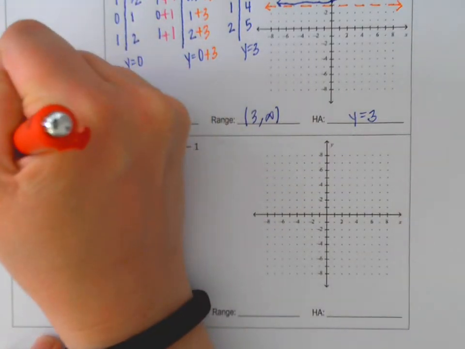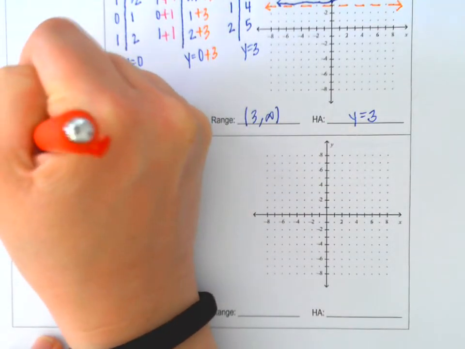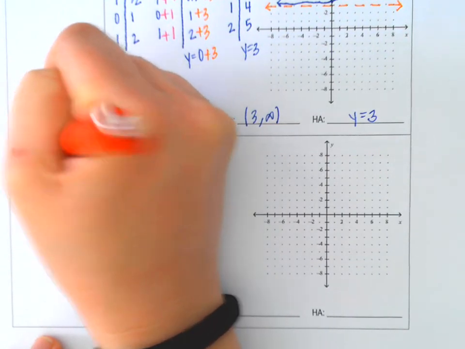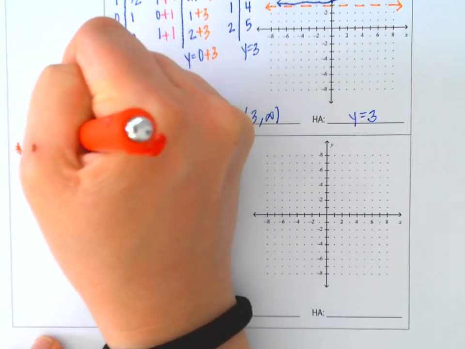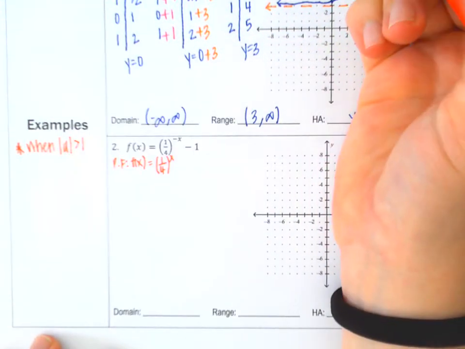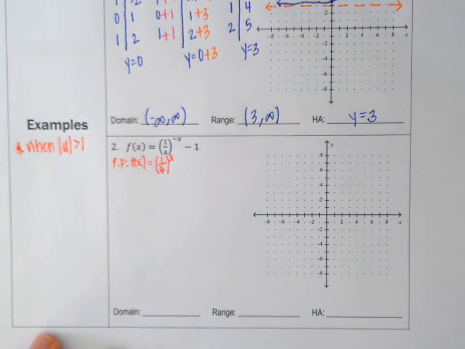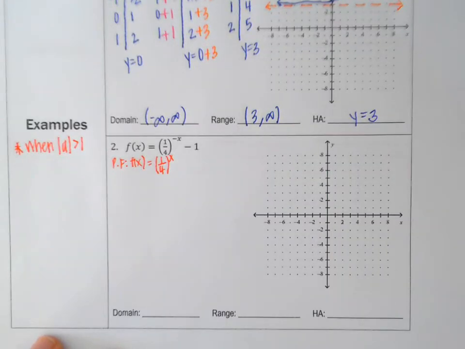So first, when the absolute value of A is greater than 1, I feel like this is super blurry. I'm going to try and focus it. Okay, that worked.